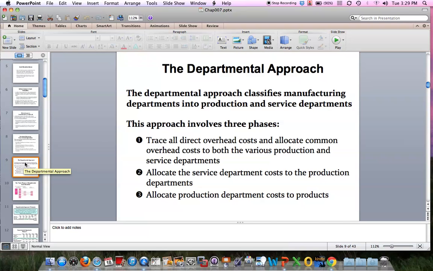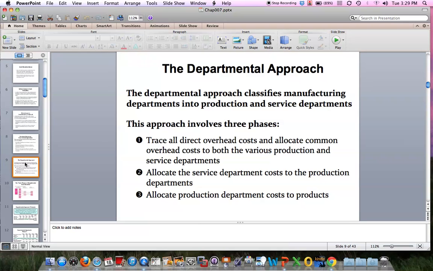So we'll talk about the departmental approach first, mostly described towards the bottom of page 226. It involves three phases. We're going to trace direct overhead costs, which we always do, and allocate common overhead to both production and service departments.